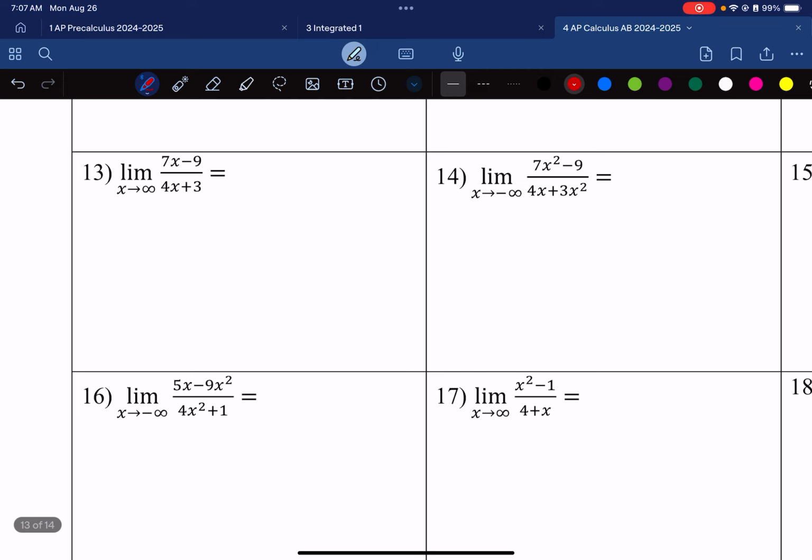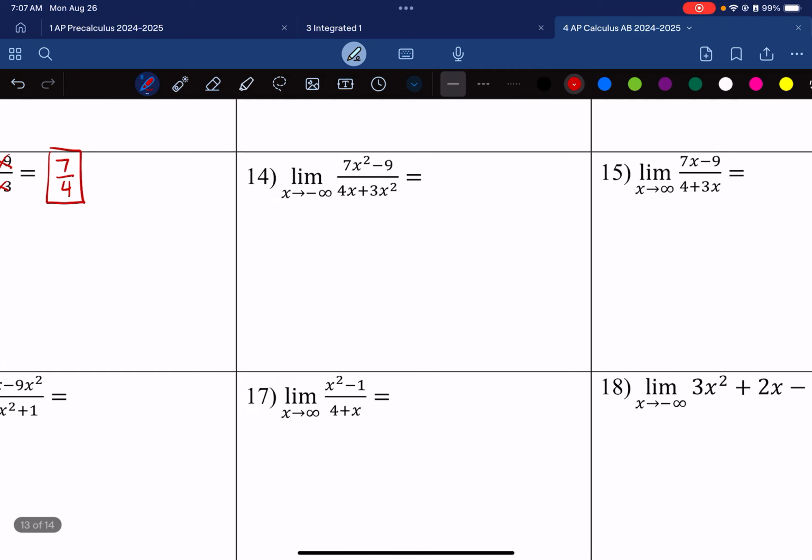In number 13, I have a tie. The -9 and +3 are gone. Whenever there's a tie, it's a magic fraction. I look at the coefficients 7 and 4, and the answer here is 7/4. In number 14, cross off the smaller powers, and I have an x squared and x squared. There's a tie, so I look at the coefficients, a +7, a +3. This is a +7/3.